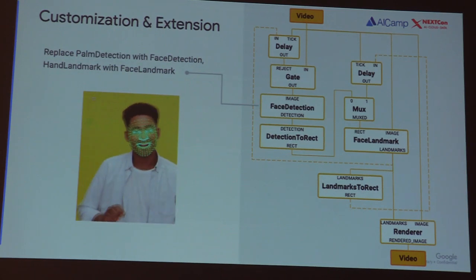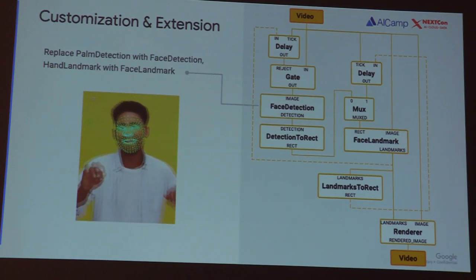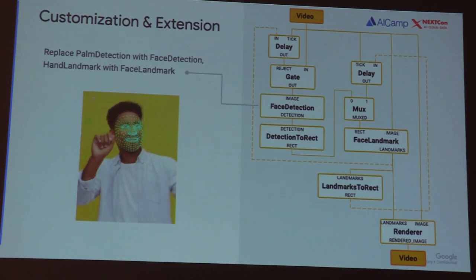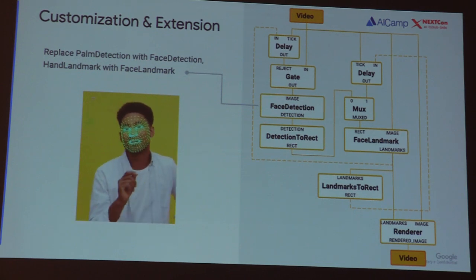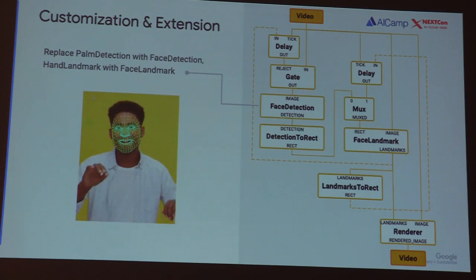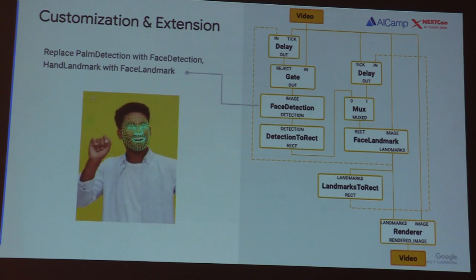Okay, so given the solution, the graph which actually does hand tracking, that piece of work can be reused and extended in a couple of different ways. So one way to reuse it is to substitute a different kind of landmark detector in place of the hand landmarks.